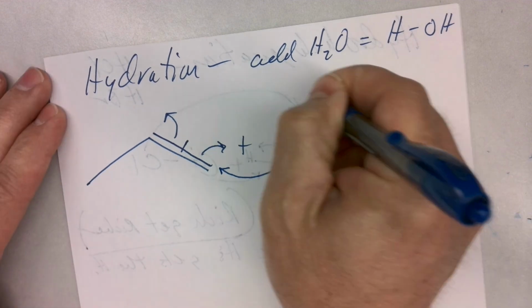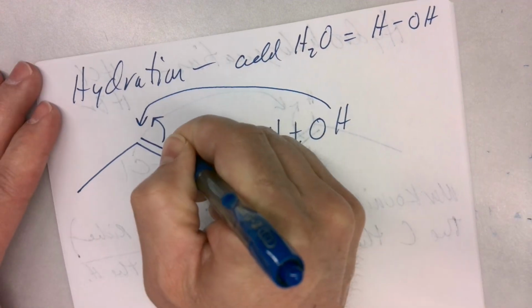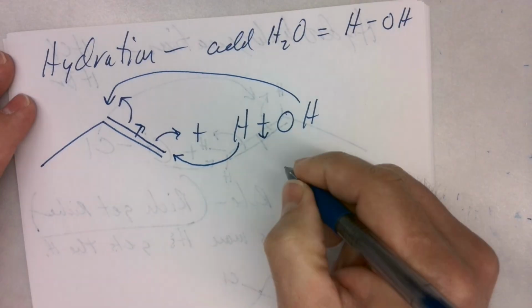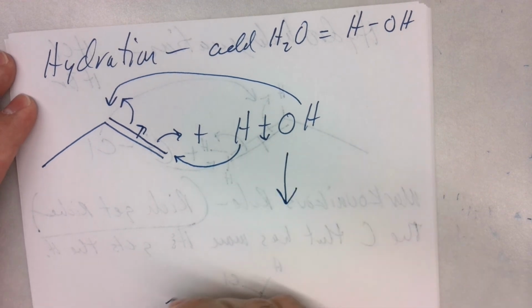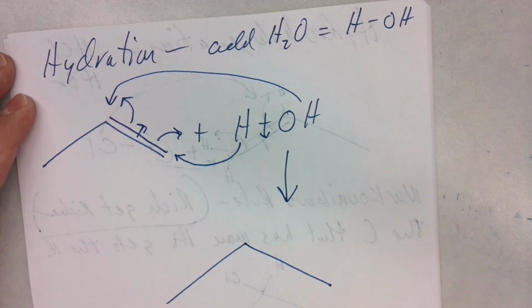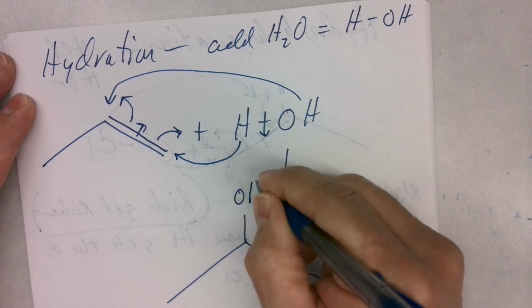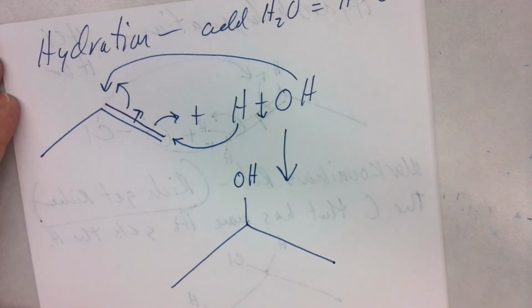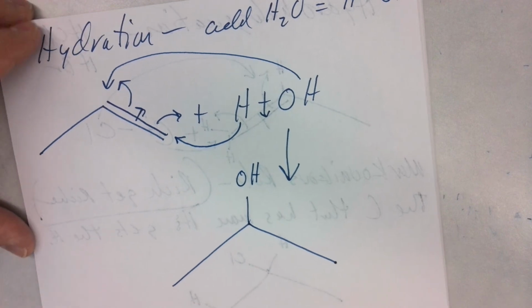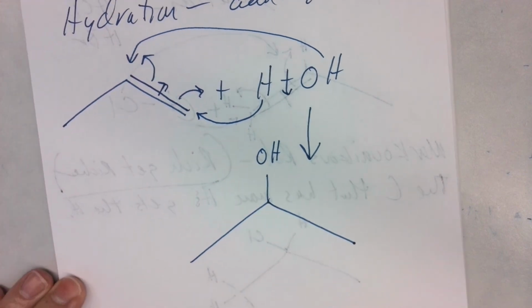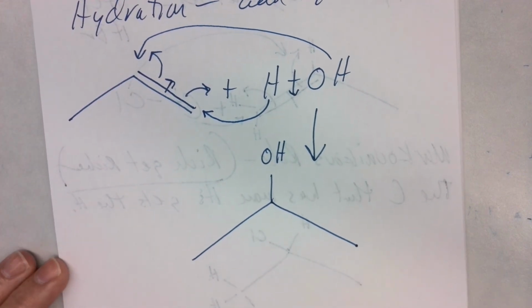This is going to go right there, correct? And what I would end up with is this, and then I would just have that like that. Does that make sense or no? That makes sense. Okay.